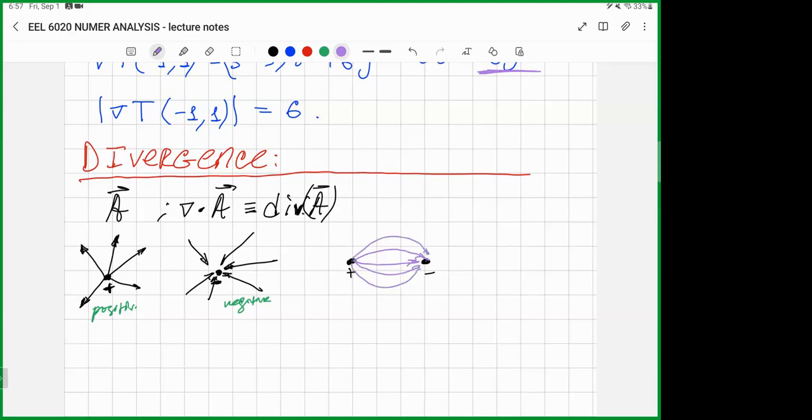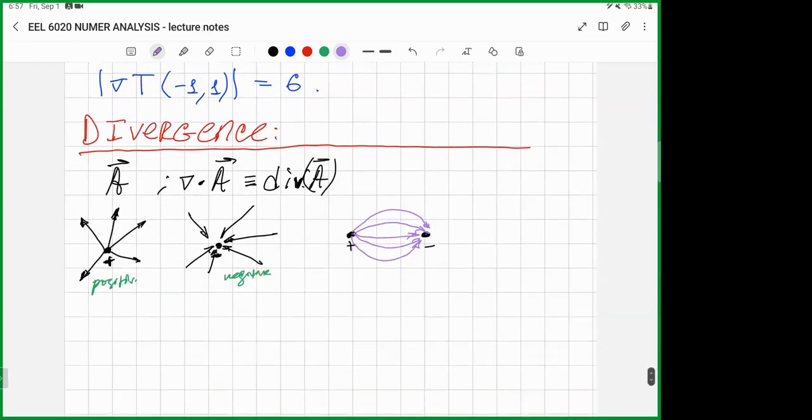So they come out from the plus and sink to the minus. And of course, a scalar field doesn't have this situation.